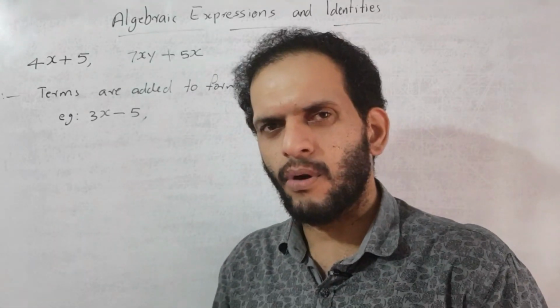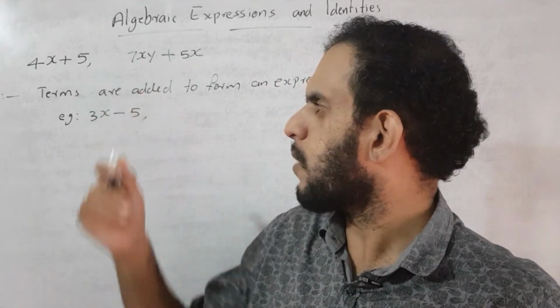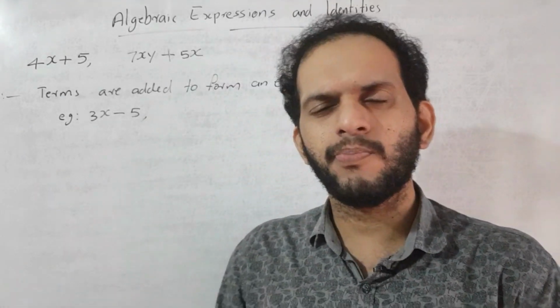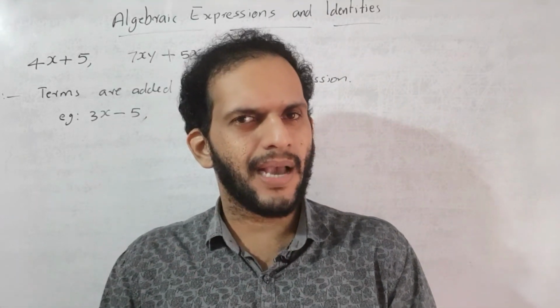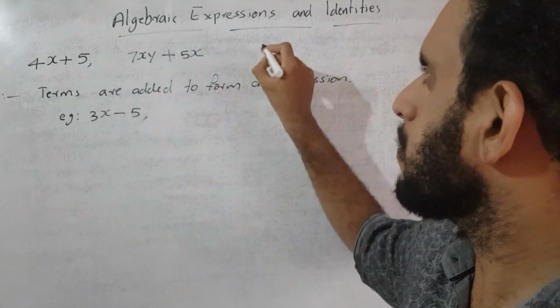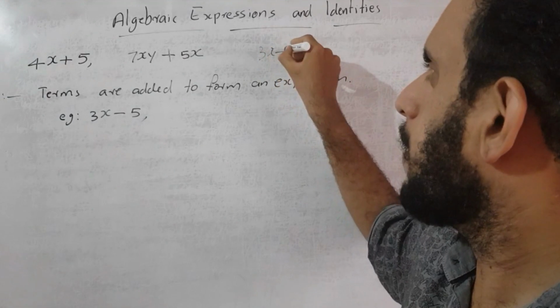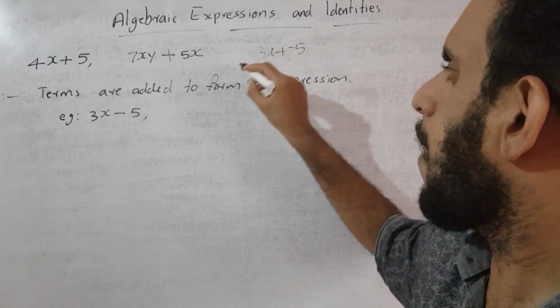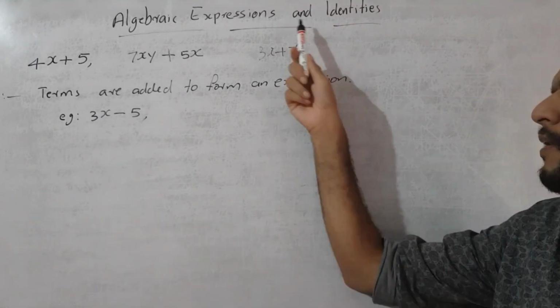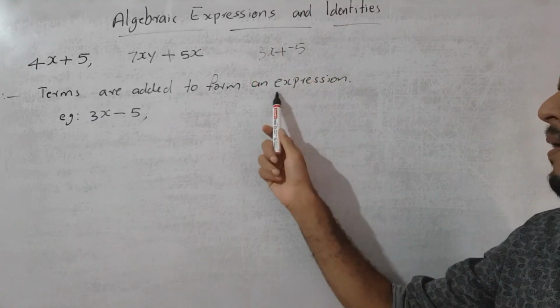But it's not; it satisfies the definition. Why? Because 3x minus 5 can be rewritten as 3x plus minus 5. After changing 3x minus 5 like this, we are adding the terms to form an expression.